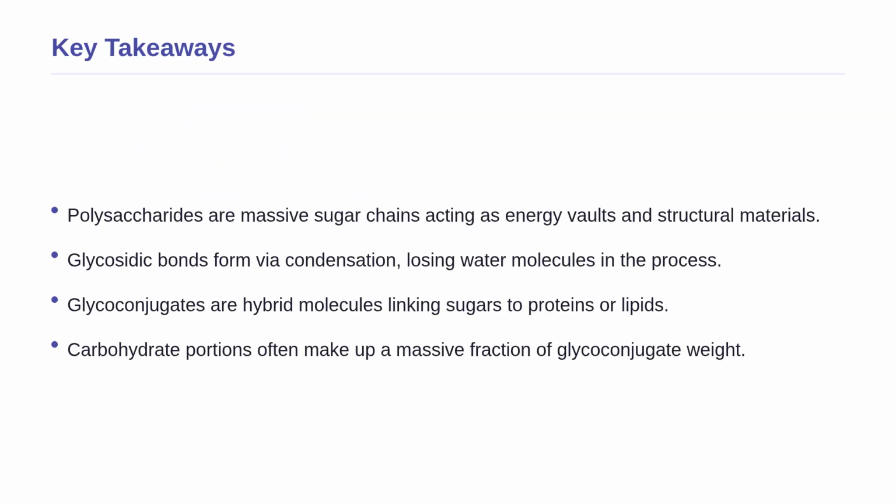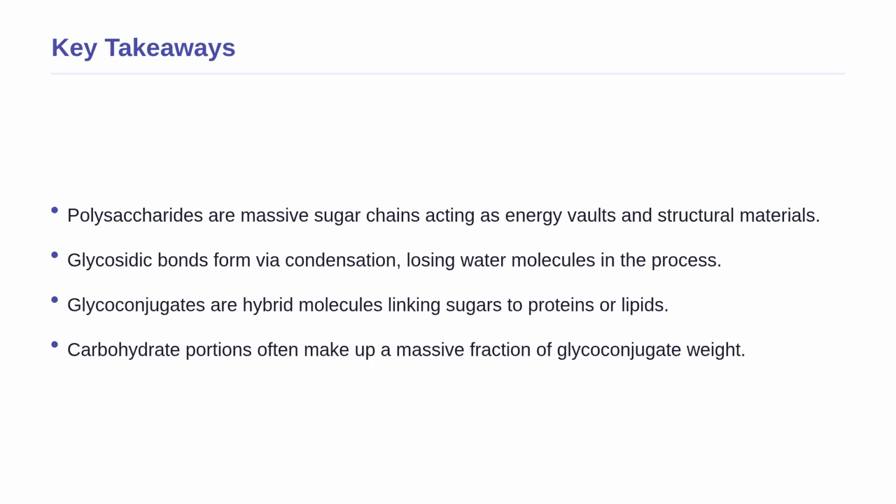We have covered a lot of ground today, so let us review the most important ideas. First, polysaccharides are massive chains of simple sugars that serve as the heavy-duty structural materials and energy vaults of the biological world. Second, remember the chemistry. Linking these sugars involves a condensation reaction that removes water, which is critical when calculating their massive molecular weights.